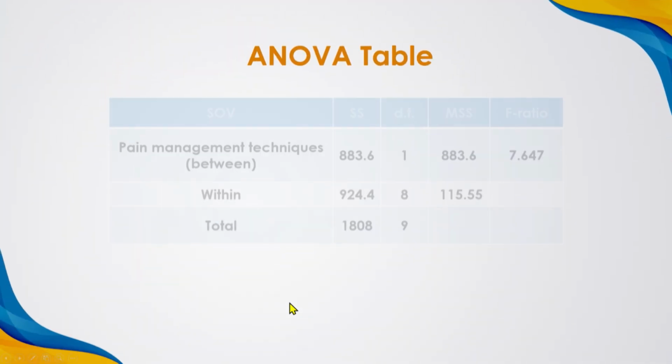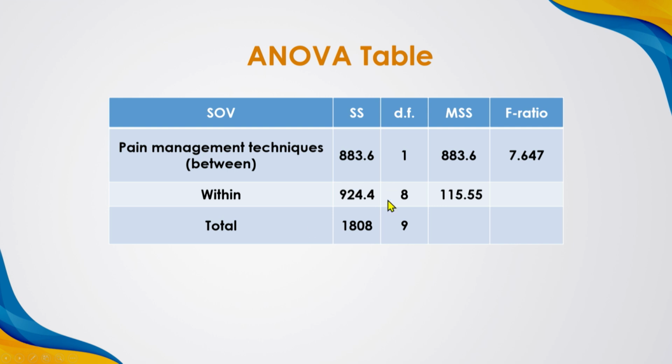With all of this calculation, we have filled out the ANOVA table. The degrees of freedom for treatment is 1, because we had only 2 groups to compare, so 2 minus 1 is 1. In total we had 10 observations, so the total degrees of freedom is 10 minus 1, which is 9. By subtracting 1 from 9, we get the within degrees of freedom for error.